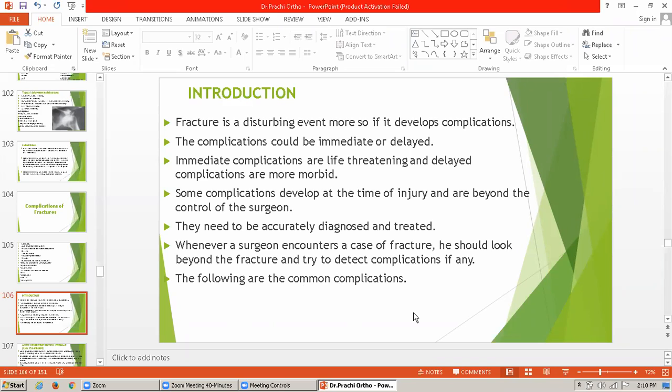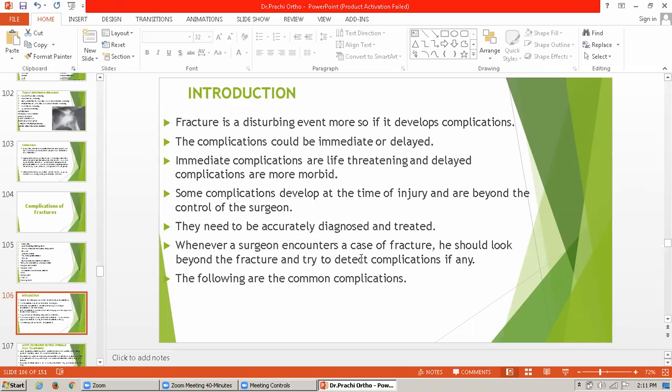So, a fracture is a disturbing event. The complication may be immediate or delayed. Immediate complications are life-threatening and delayed complications are not. Some complications develop at the time of the injury and are not controlled by the surgeon, so they need to be accurately diagnosed and treated.